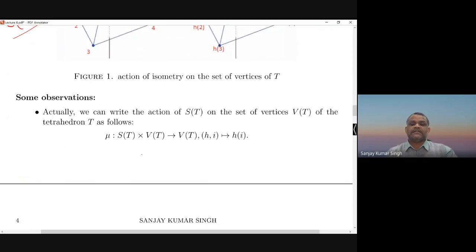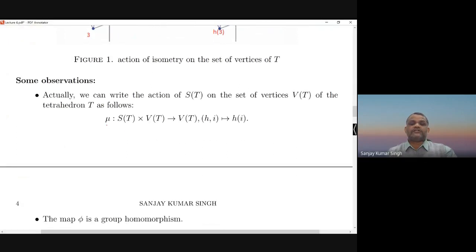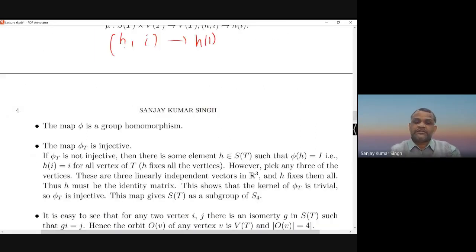In that sense, this is a map mu from S_T cross V_T to V_T, sending any pair (h, i), where i is a vertex and h is an isometry, to h(i). Second observation, which I have already mentioned, is that phi is actually a group homomorphism, and the two are equivalent: a group homomorphism is the same as a group action.